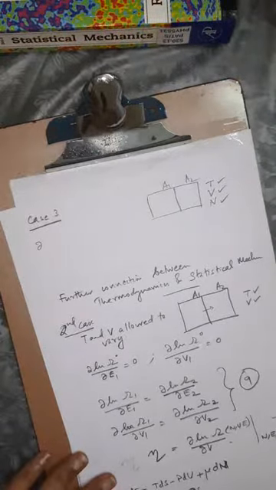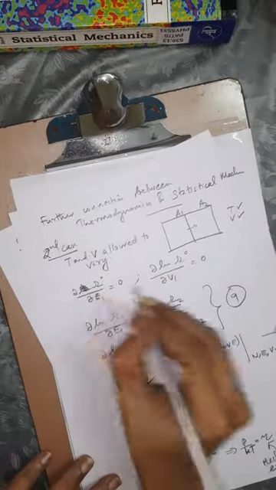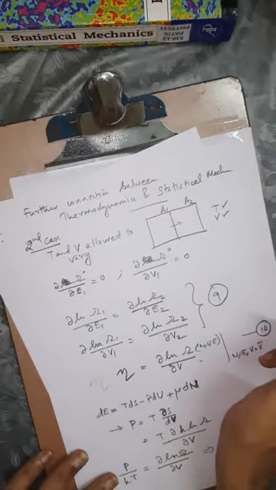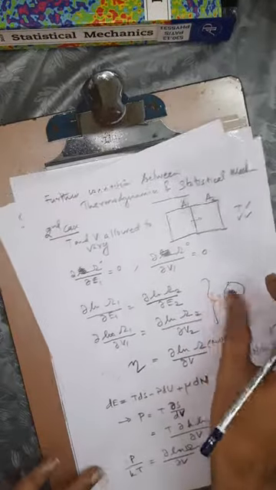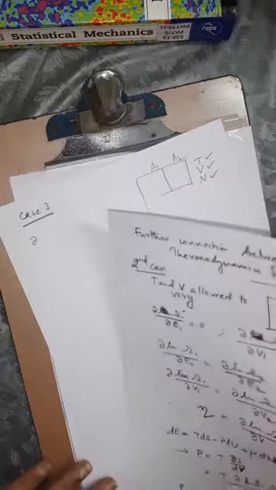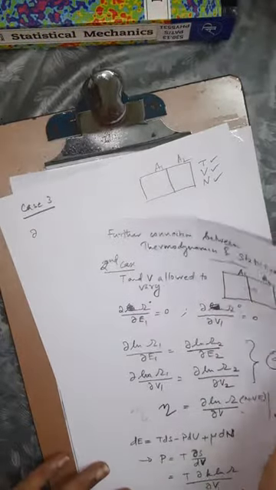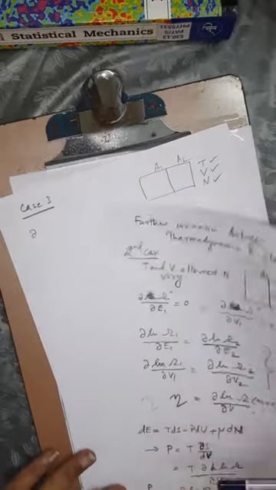Yeah, here I made a mistake. Actually, this should be dou omega 0 by dou E1. I made a mistake while copying from the other sheet, the previous day's class sheet. So dou omega 0 by dou E1 is 0. That was the case here.